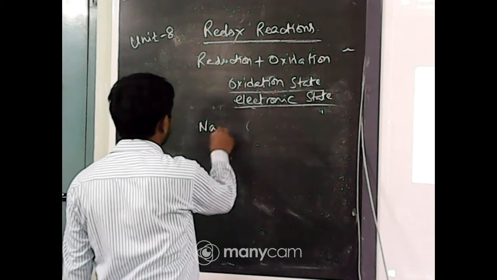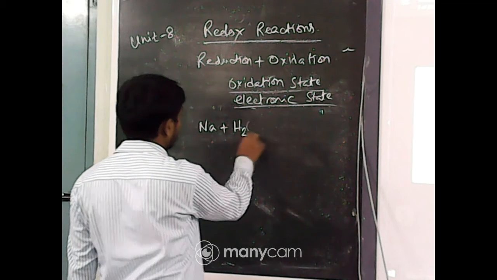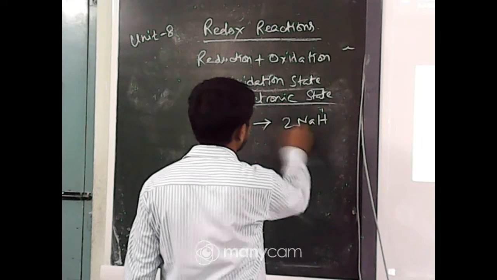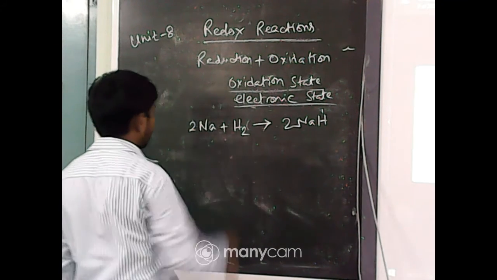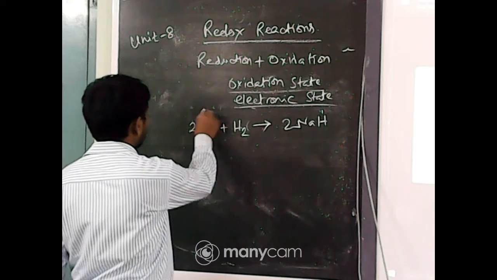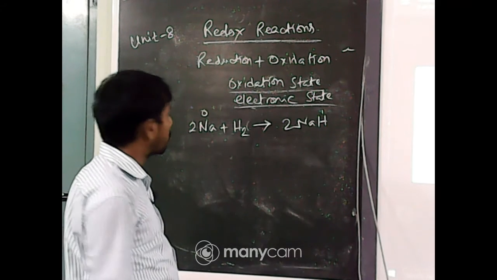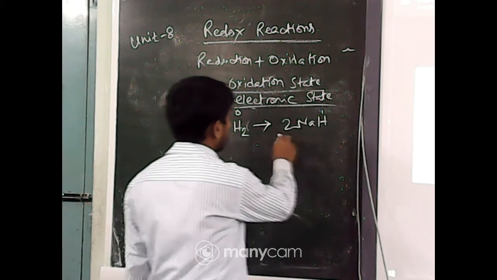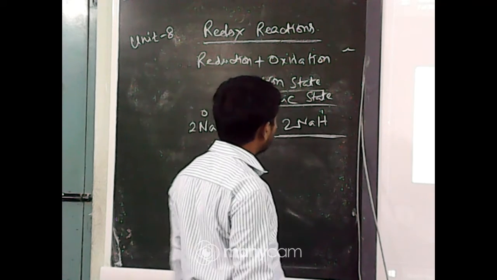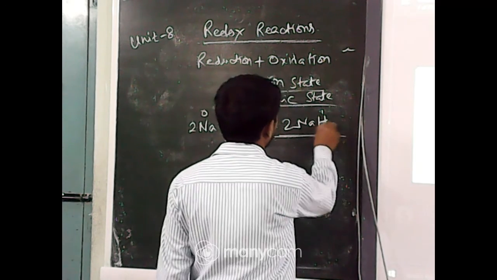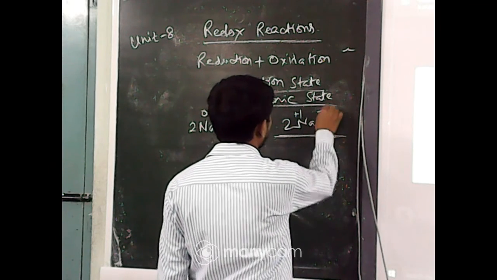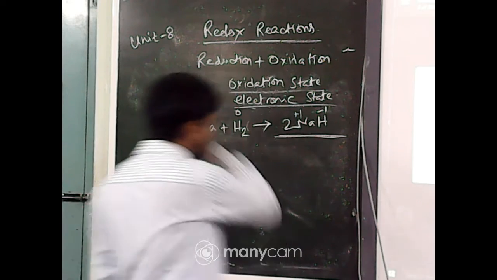Now take one example, 2Na plus H2 forming 2NaH. Here sodium is in the 0 oxidation state and hydrogen in the free state is 0. But in sodium hydride, sodium is in the +1 oxidation state and hydrogen is in the -1 oxidation state.